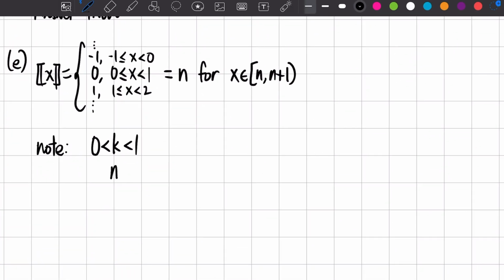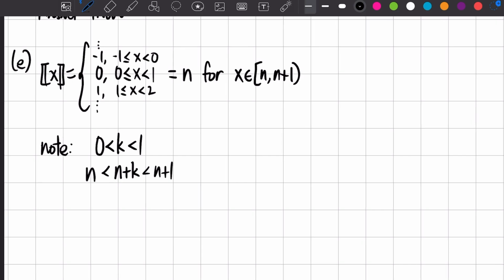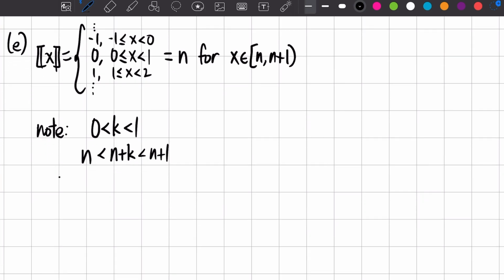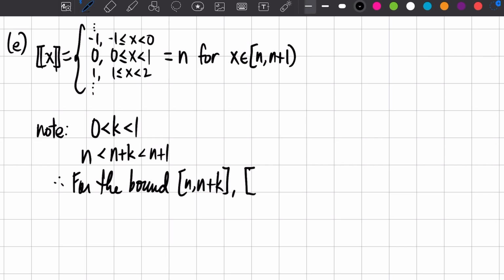So that means n plus k is in between n and n plus 1. So what this is telling us is that for the bound n to n plus k, it is consistent that the greatest integer of x would just be n.